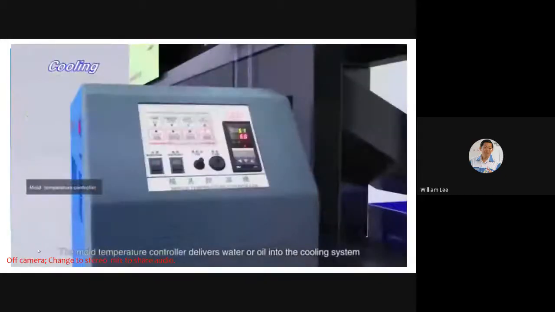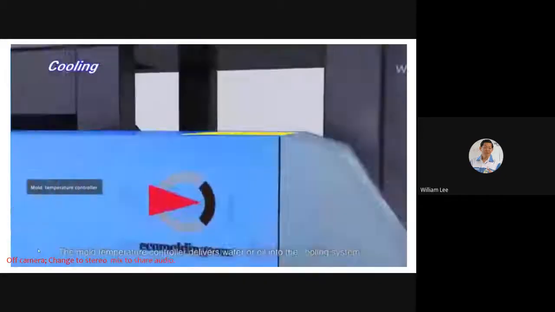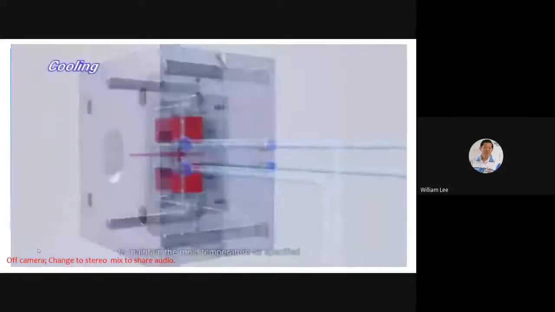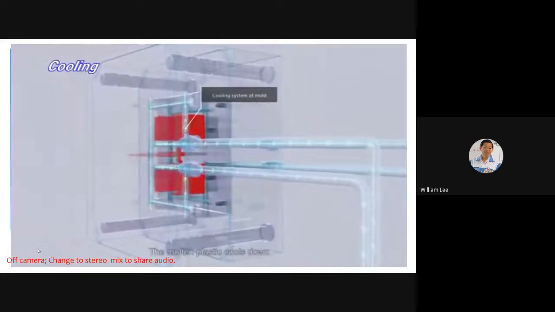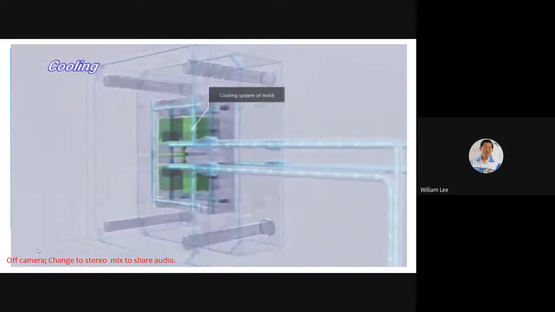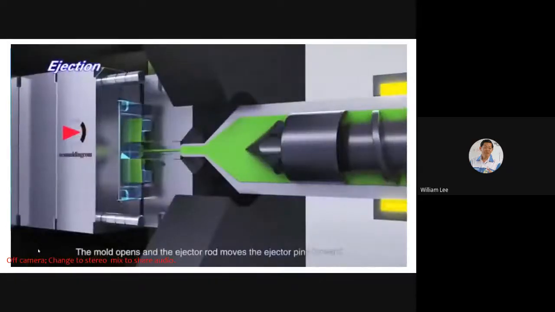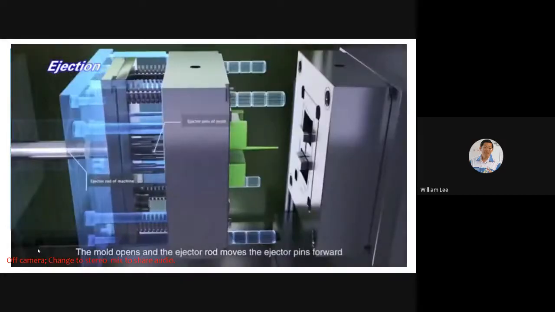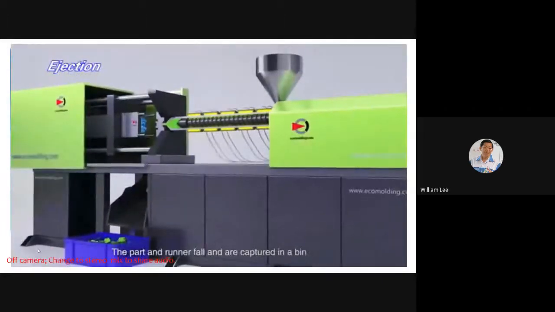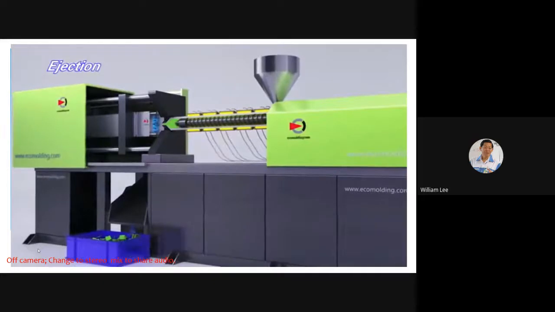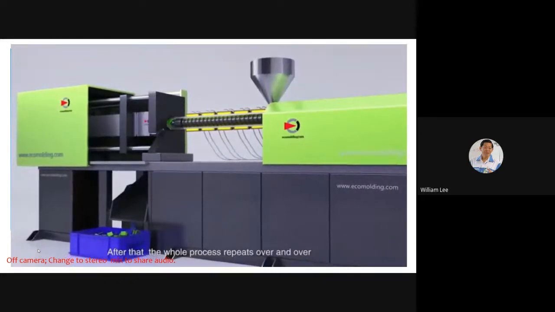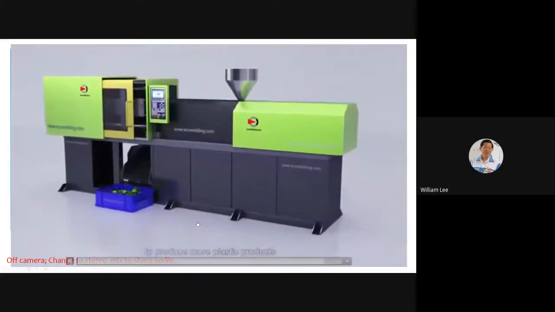The mold temperature controller delivers water or oil into the cooling system to maintain the mold temperature as specified. The molten plastic cools down and then solidifies in less than a minute. The mold opens and the ejector rod moves the ejector pins forward. The part and runner fall and are captured in the bin. After that, the whole process repeats over and over to produce more plastic products.